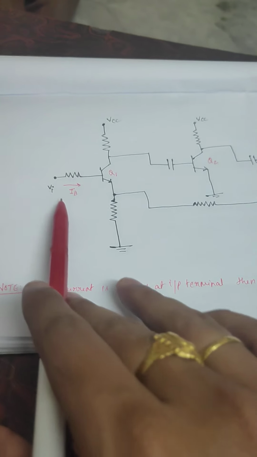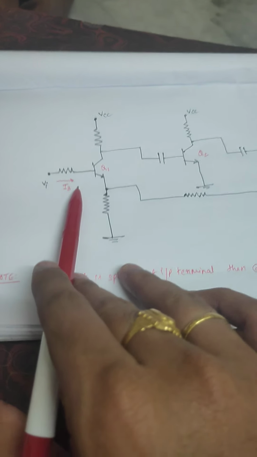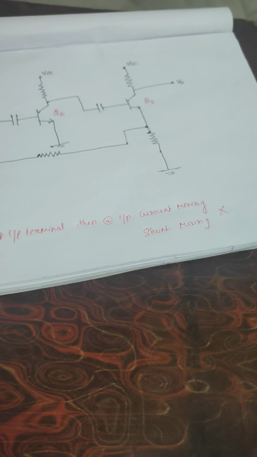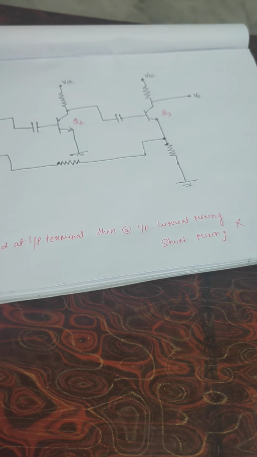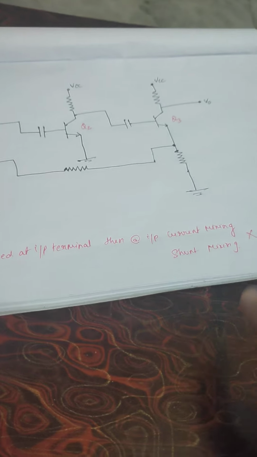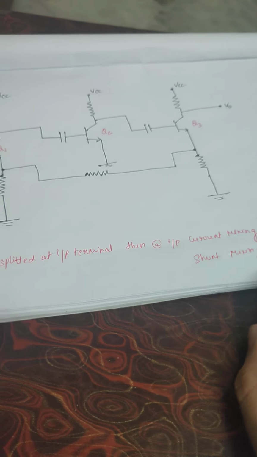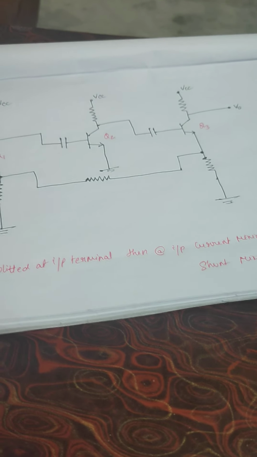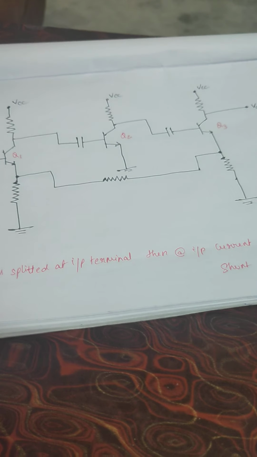So if you see here, there is no splitting of current. So our circuit doesn't belong to current mixing or shunt mixing, right? If that is not possible, the only other alternative is voltage mixing, because there is a feedback path. Current mixing is not possible. Obviously, the other possibility is voltage mixing, which is called series mixing.